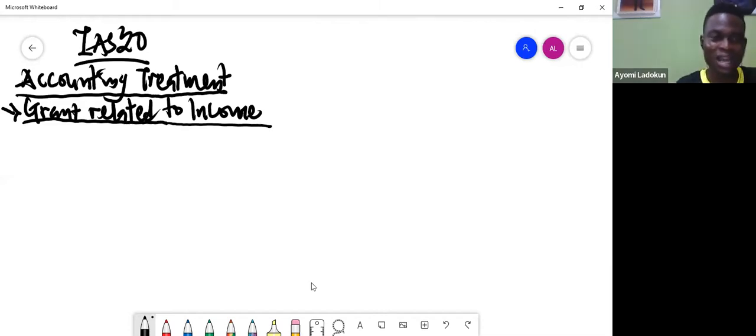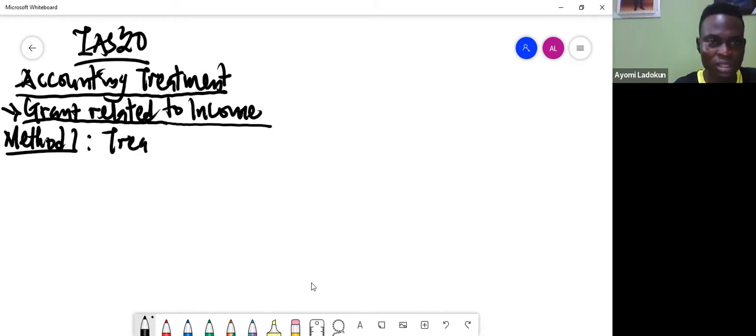According to IAS20, IAS20 allows two methods of accounting. Method one is saying treat it as part of other income. So what does that mean?